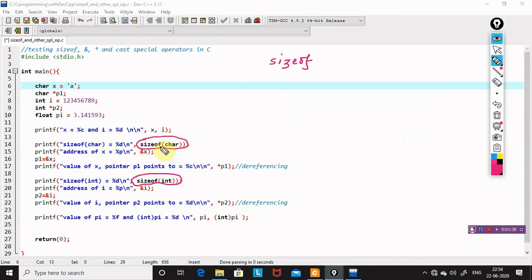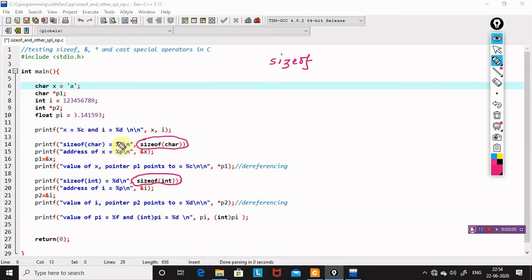The sizeof operator basically returns the size of its operand. Now in this case the operand is char. Now the char data type corresponds to 1 byte of memory or 8 bits. So the sizeof operator when operating on the char data type would return its size in bytes, that is 1.